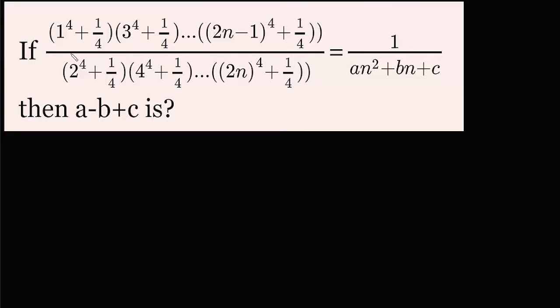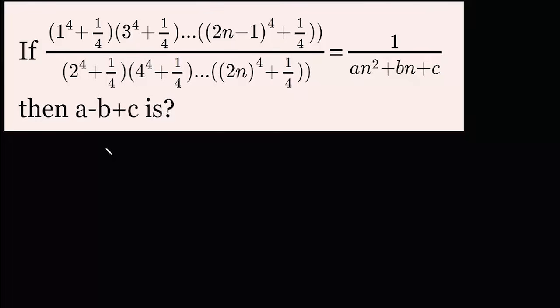So basically we have odd numbers in the numerator and even numbers in the denominator. Now it says this series simplifies to 1 upon (an square plus bn plus c). We need to find the value of a minus b plus c.